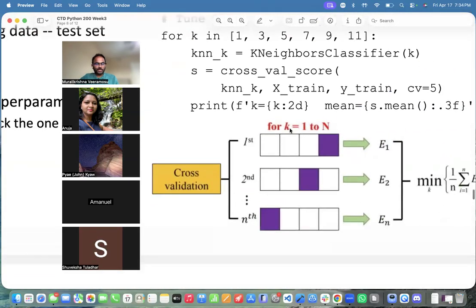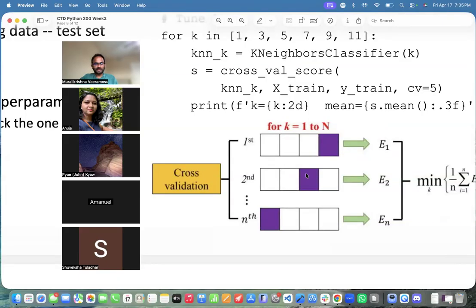So we start with k equals 1. We split the data into 4 parts, and then we do 4 iterations for k equals 1, right? For the first iteration, you take the fourth set as the test set. You train on the remaining 3 sets and test on the fourth set.